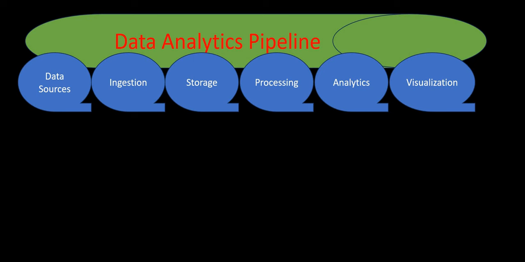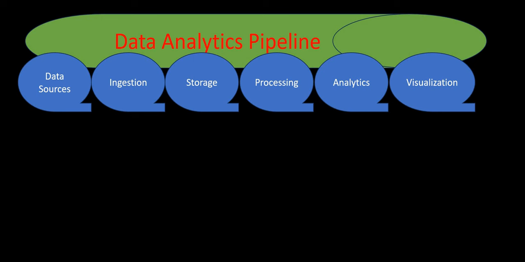Storage can be Amazon S3, Redshift, and RDS. You can do the processing using AWS Glue, Amazon EMR, and the AWS Glue Data Catalog. If you want to understand how Glue works, please check my previous videos in the data analytics series.